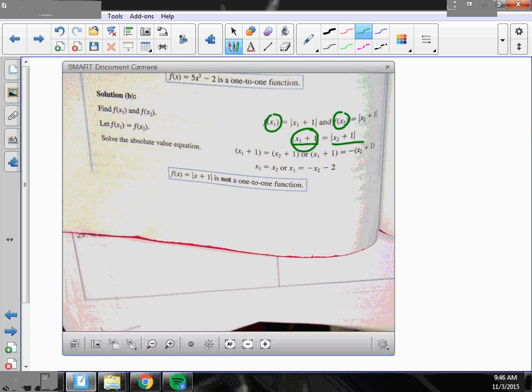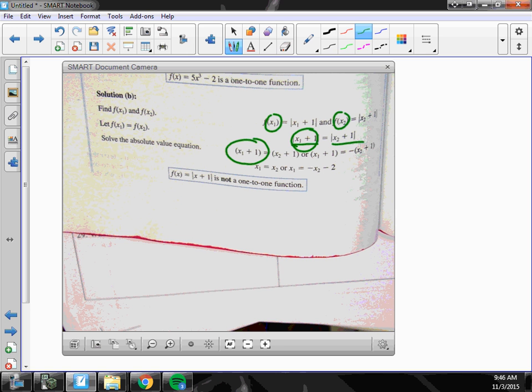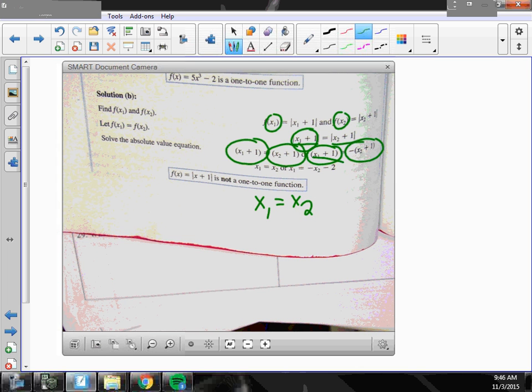So we have the stuff in the middle equals the stuff on the other side, and the stuff in the middle equals the opposite of the stuff on the other side. The one on the left turns down to this, but the one on the right is not. So this second answer is not the same as the first answer, so it's not 1 to 1.